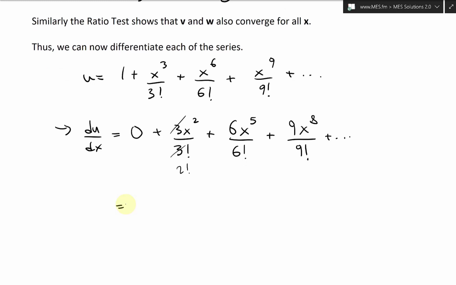So this becomes just x squared over 2 factorial plus the next one, similarly, this cancels with this, 5 factorial. This becomes x to the 5 over 5 factorial plus the next one, this cancels with this, 8 factorial. This becomes x to the 8 over 8 factorial. Then plus dot dot dot.